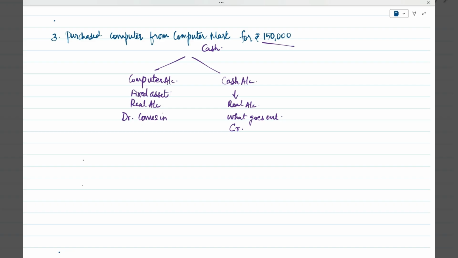We debit computer account, debtor to cash account. I hope this was very simple, right? 1,50,000, and we can give the narration as being purchase of computer.